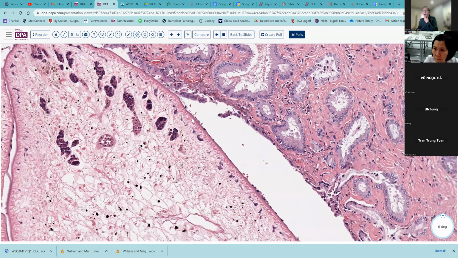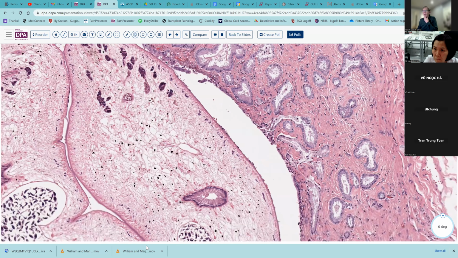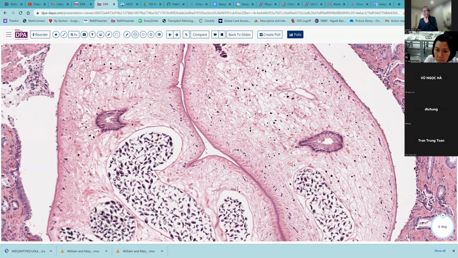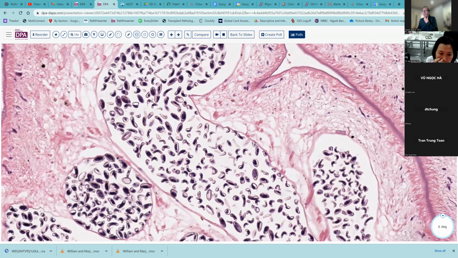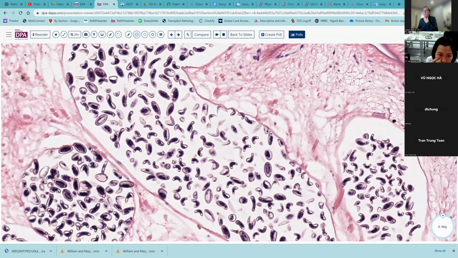And as we look over here, we can see that there's a very nice gravid uterus here with just millions upon millions of eggs. And so these eggs actually are quite distinctive.